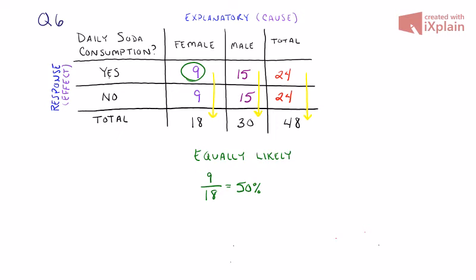For the men, likewise, if I take my 15 and divide it by that 30, I would also get 50%. And to really drive this home, even though I may not have to, 50 and 50 are equal to each other. So it is equally likely, whether you are male or female, that you will have a daily soda consumption habit.